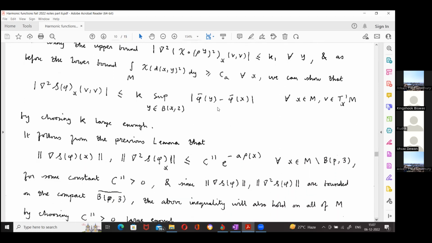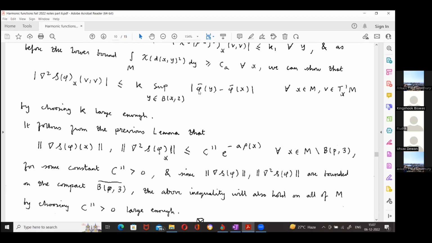But now we know from the previous lemma that this supremum of phi bar y minus phi bar x goes to 0 exponentially in the distance of x from the origin. So this is less than a constant times e to the minus a rho x. Okay. This is when x is outside the ball of radius 3. We have this estimate.